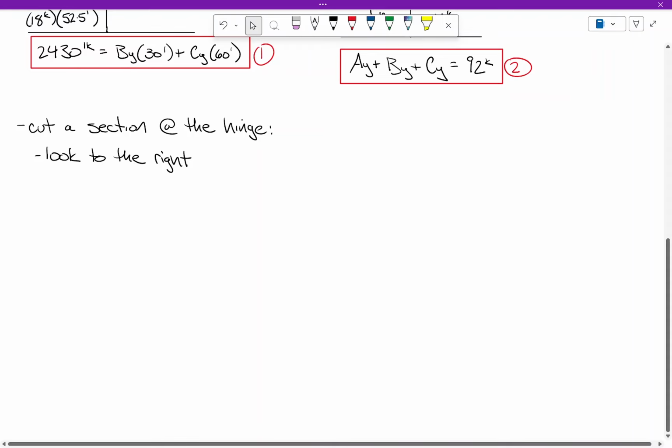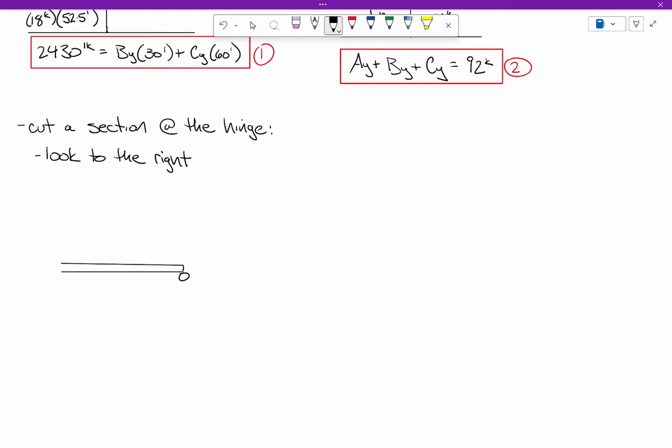I have a beam that looks like that, a roller support right here, and a reaction here. Have I figured out what this reaction is yet? No. So we'll just call it CY.